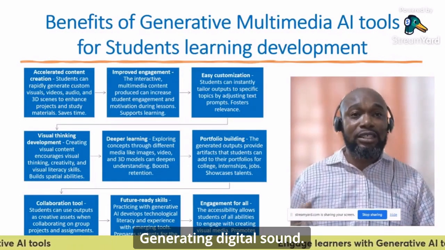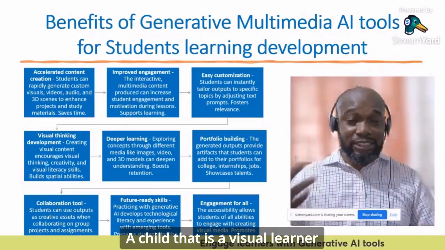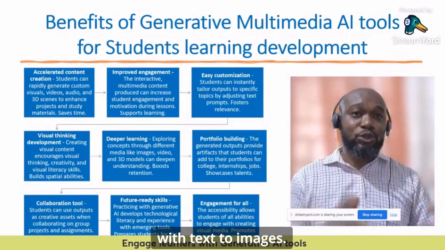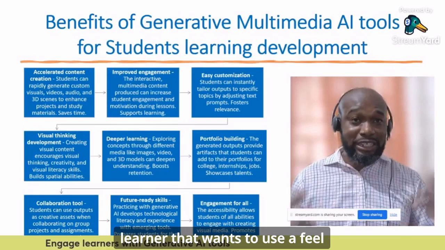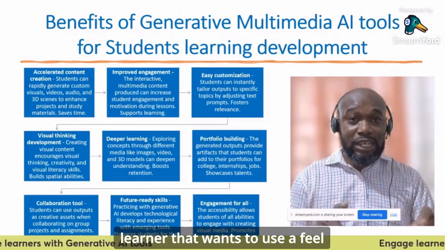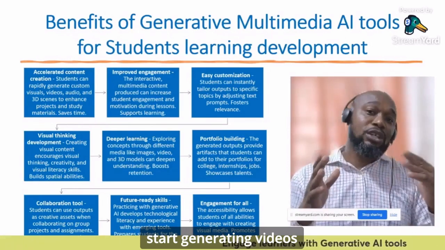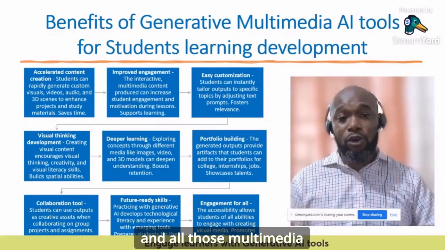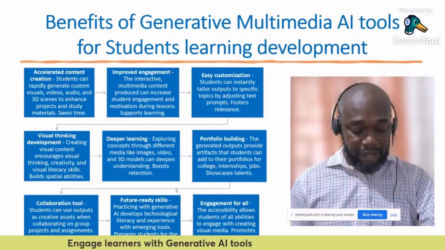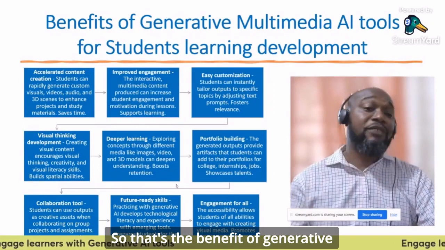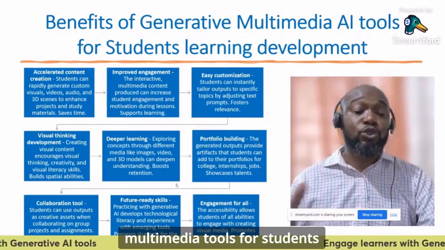Generating digital sound. A child that is a visual learner will start working with text to image. A child that is also a kinesthetic learner that wants to feel what they are using has access to the computer to start generating videos and all those multimedia files. So that's the benefit of generative multimedia tools for students' learning development.